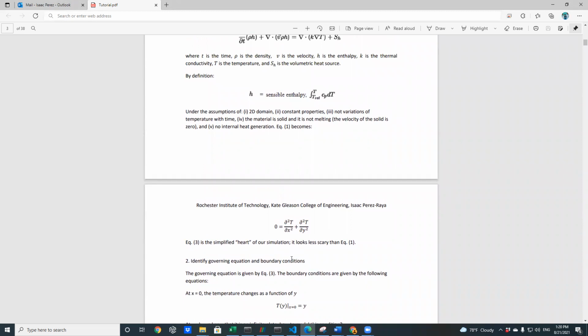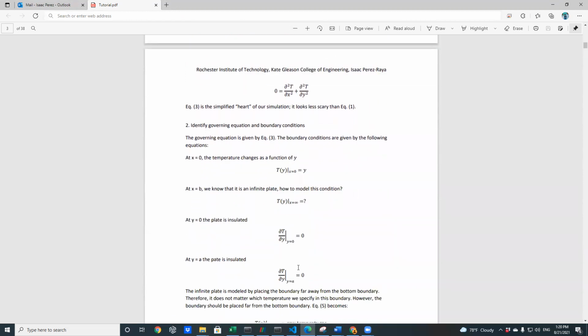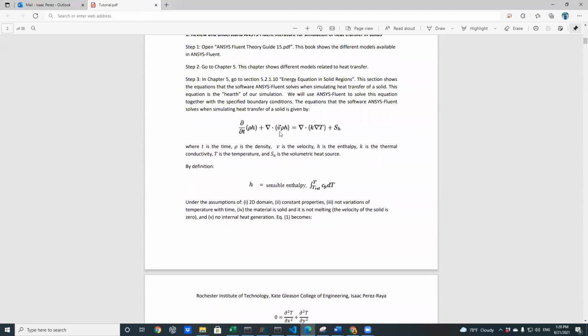So now, in your report, please make sure that you derive this equation. So go from here to here. Equation 3, or this equation, is the simplified heart of our simulation. It looks less scary than equation 1.